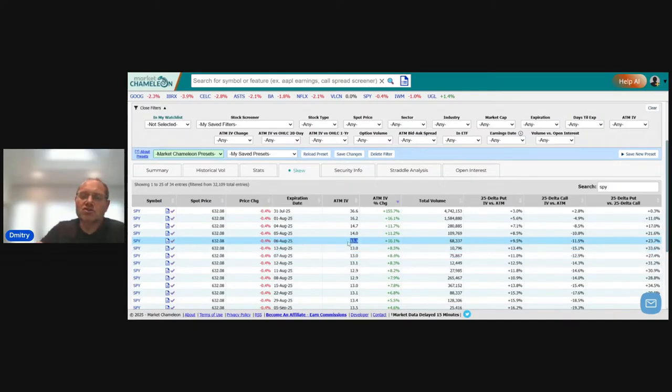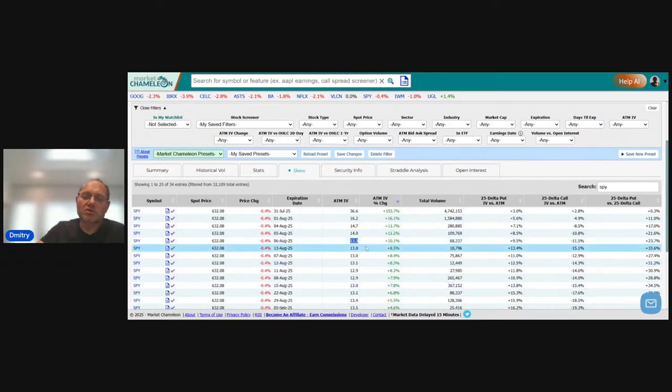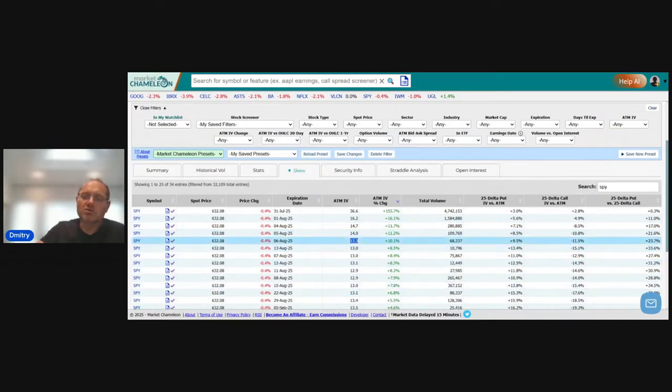A flat skew would imply every option would be 13.3. But here, what we look at is if we find the 25 delta put, the actual implied volatility is 9.5% higher, right? So it's almost 10% higher than 13.3.